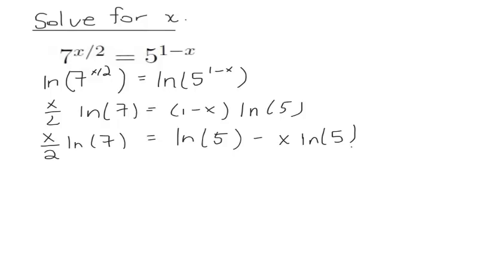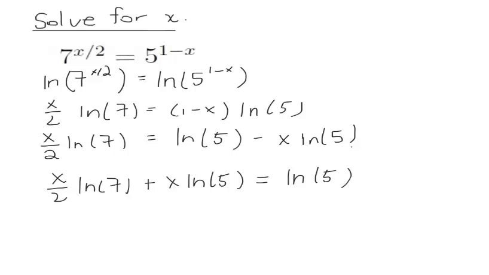Once again, we're going to be interested in getting all of our linear terms in x over on the left-hand side. So that's going to give us x over 2 ln of 7 plus x ln of 5 is equivalent to ln of 5.